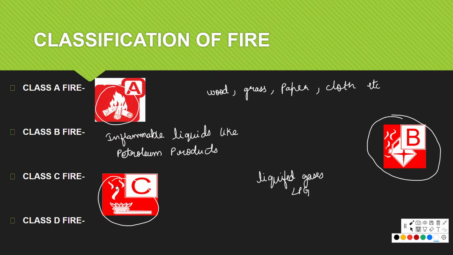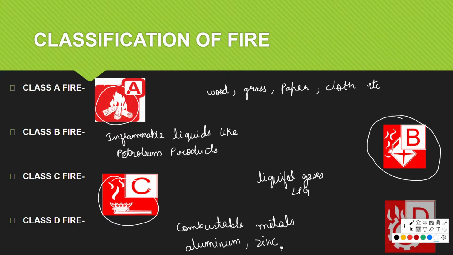Class D fire: fire involving evolution of heat by chemical reaction in combustible metals such as magnesium, aluminium, zinc, sodium, potassium are classified under Class D fire. Usually they denote it in this manner.